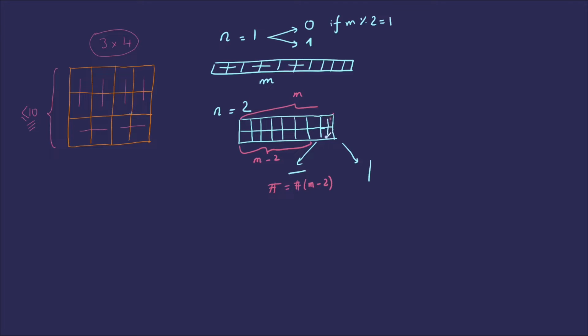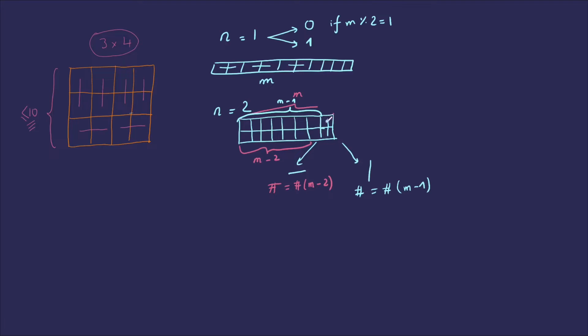Similarly, if we choose to put a vertical tile here, then the problem will amount to finding the valid tilings up to this position, which is m minus 1. So in this case, the number of valid tilings will be equal to the number of valid tilings for m minus 1.